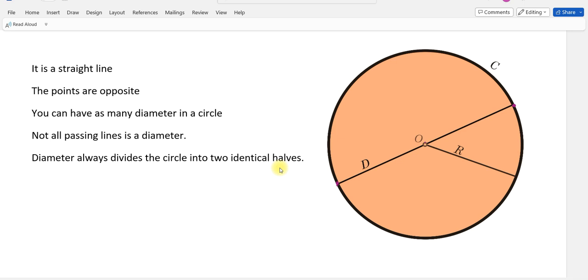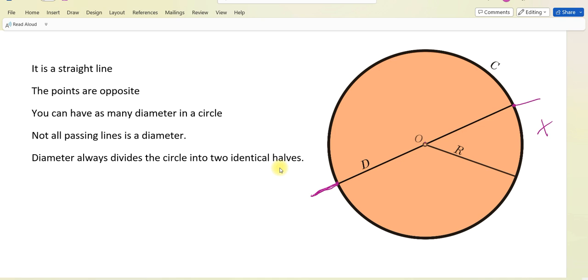And not every line passing through is a diameter. For example, if I extend this line outside the circle, this is not considered to be a diameter, because a diameter is a line segment within its end points. If I extend the line beyond the circle, this is not a diameter.